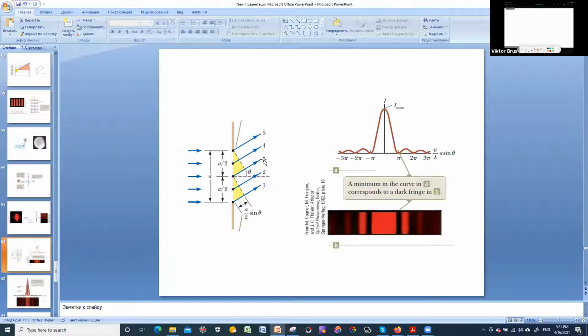As a result, all these combinations of two rays originating from sources apart from each other by half of the width of the slit will cancel each other, and we will see some dark fringes on the screen.